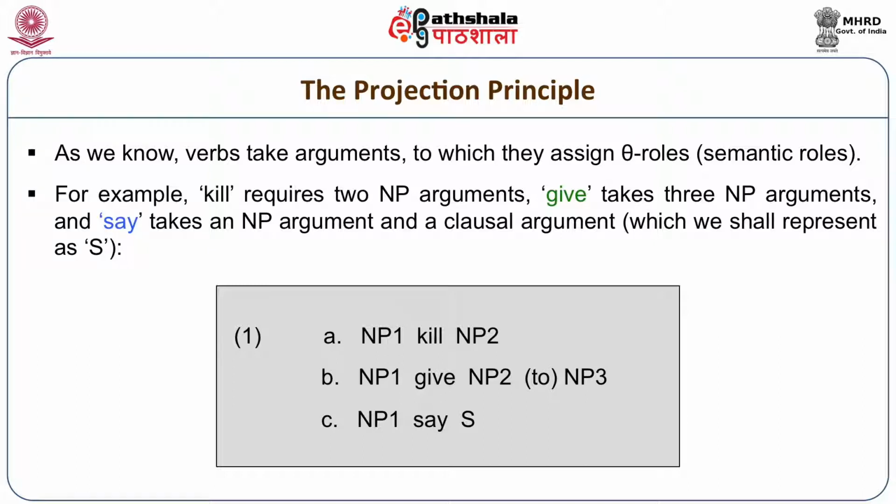John gave the book to Mary. Okay, or John gave Mary the book. Three arguments. A verb like say has two arguments. One, the subject is an NP, but the second argument is a clause. John said that Mary is nice. Okay?